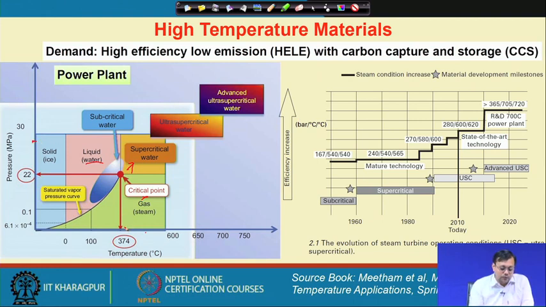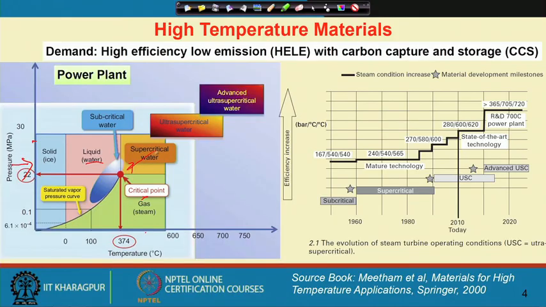If you want to boil water at a higher temperature, you have to input a higher pressure, meaning the vessel itself should contain higher pressure. So, the material should survive such higher pressure: on one hand you have steam which may corrode the material, at the same time you have higher temperature and higher stress. All three, corrosive environment, higher temperature and higher stress, are involved. In this case a steel with higher corrosion and creep resistance is required, and the efficiency will increase if you go along this direction.